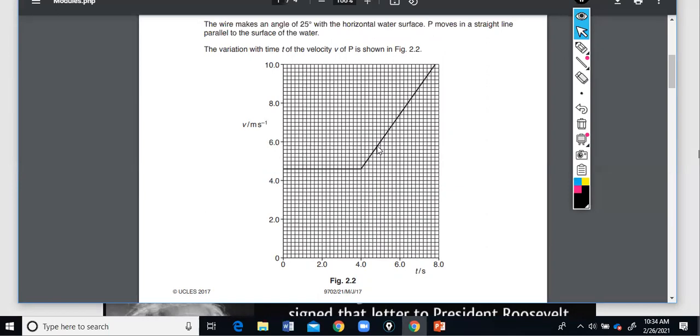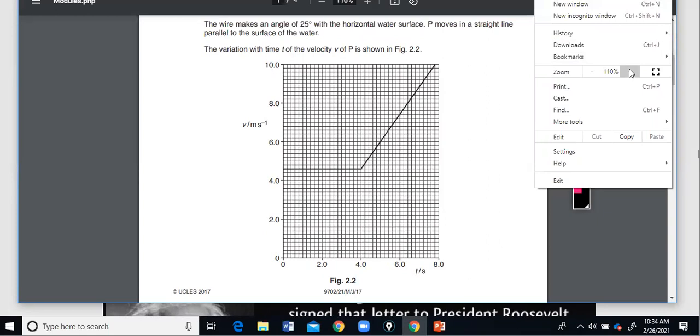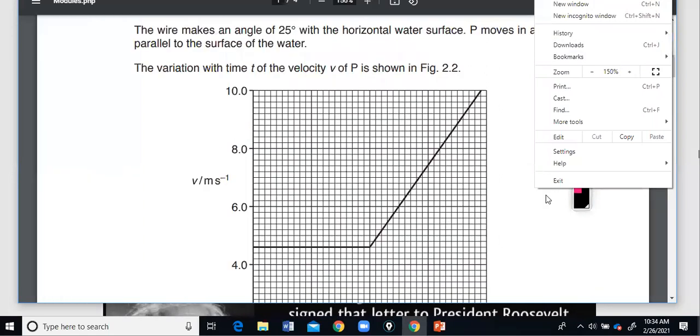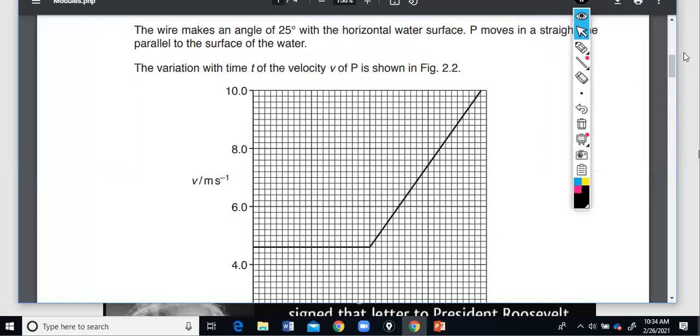But the acceleration is the slope, right? The rate of change of velocity. So you could think about that as a single data point and then try to find another one. This looks like a pretty constant slope, so it shouldn't really matter what points we use. Let's zoom in and enhance to make our life just a little bit easier.